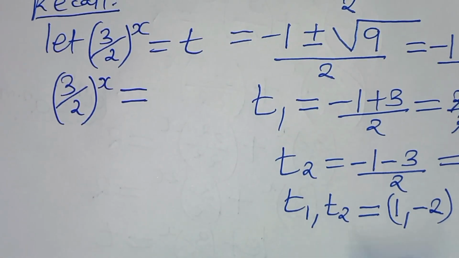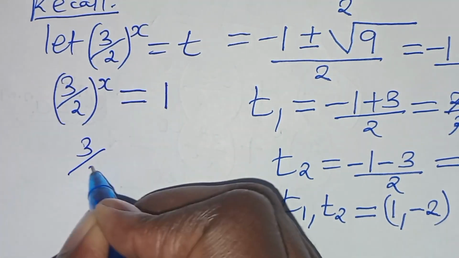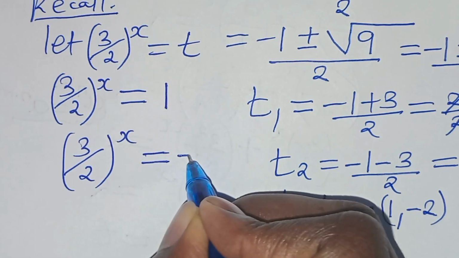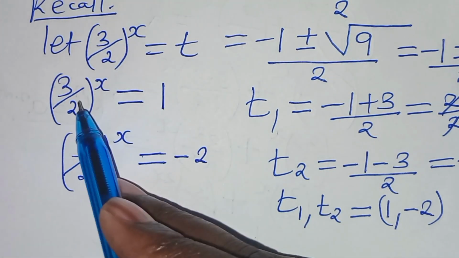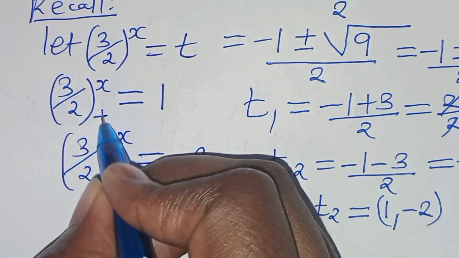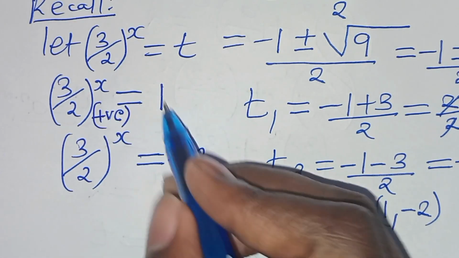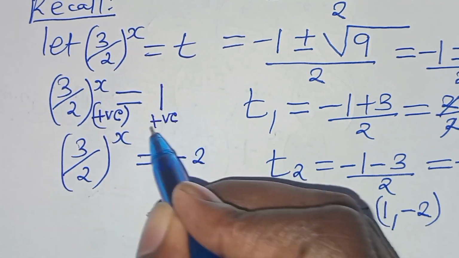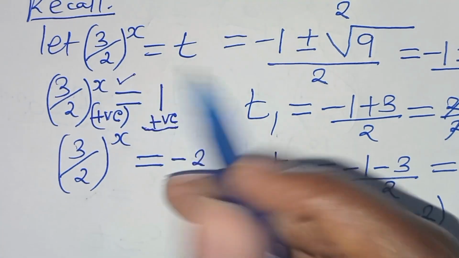So this is equal to 1, and 3 over 2 raised to power x is equal to minus 2. From the first part, 3 over 2 raised to power x is essentially positive. This will give us a positive number, and on the right hand side we also have a positive number. So this implies that we can proceed to solve for the value of x from here.